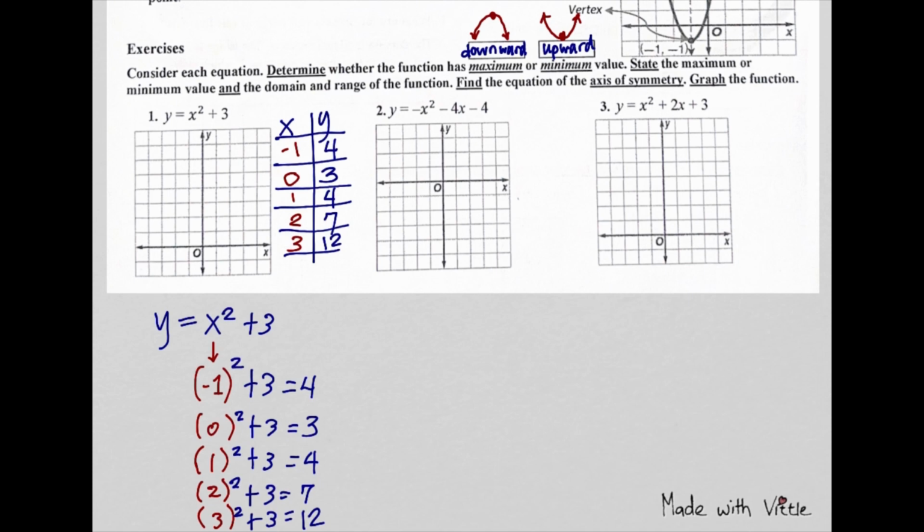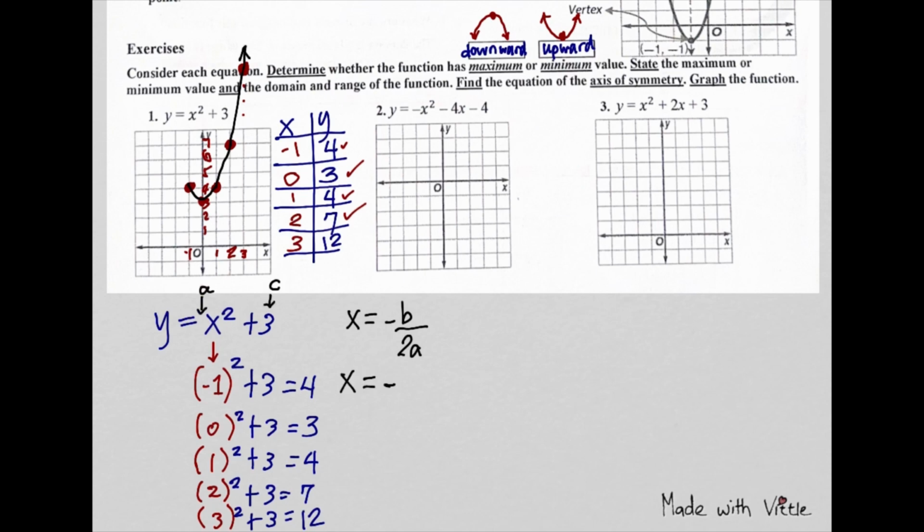Now that we have completed the table, we can plot the points. Then connect the dots. Now if I quickly do the axis of symmetry formula, it will give me the x value.